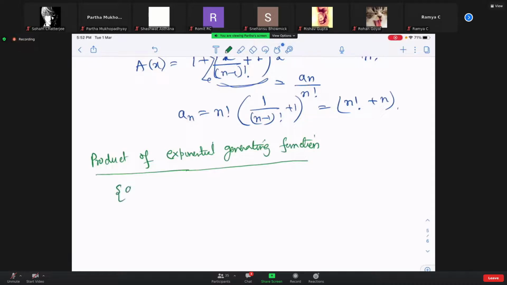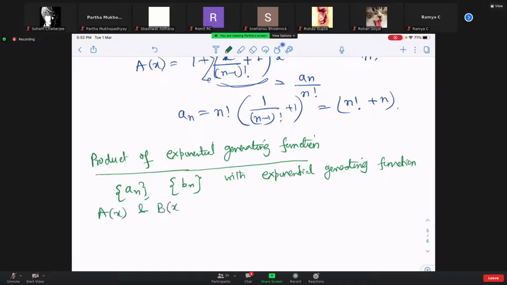We have two sequences a_n and b_n, and their exponential generating functions A(x) and B(x).